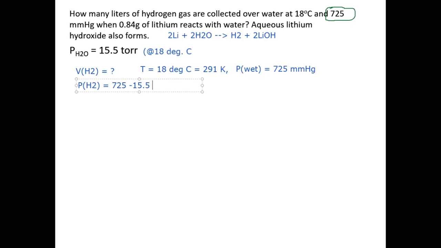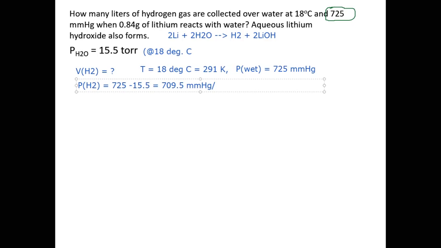And it's best to do this in millimeters of mercury. That way, less chance for you to have an error. Should be 709.5 millimeters of mercury. And then we can convert this to ATM.